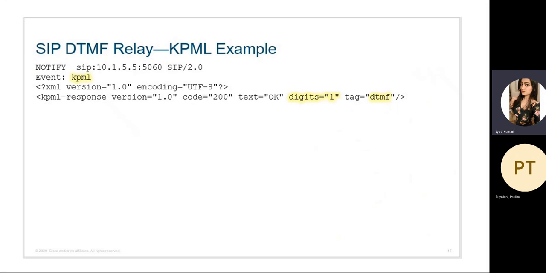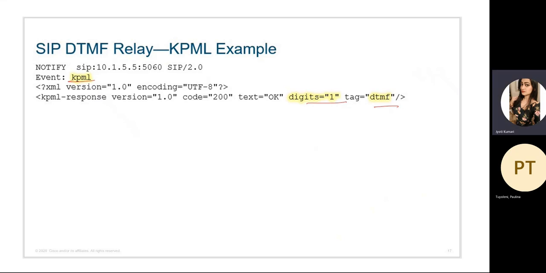So for SIP DTMF relay KPML, whenever you do a debug and this type of method is being used, you can see the event like this in the output of the debug, right? This is what you will see: what digit was dialed, what was the tag, and so on.